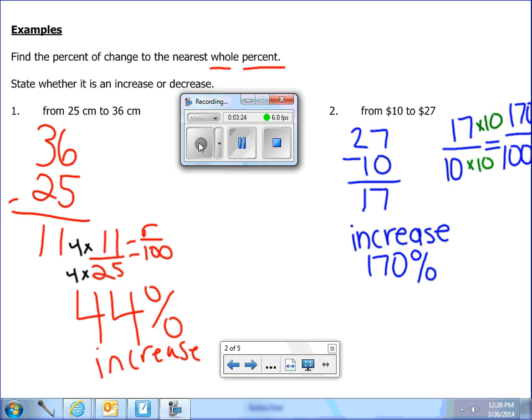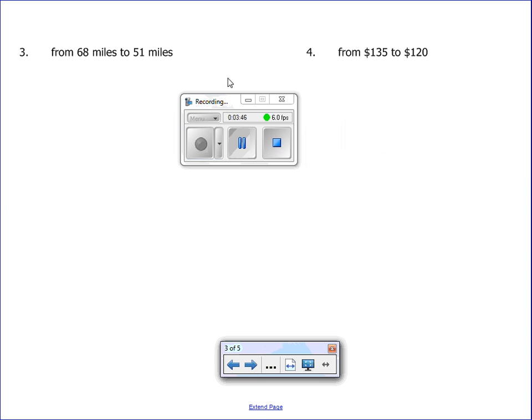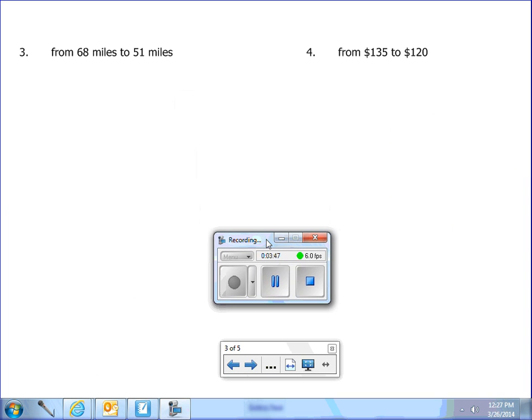You'll notice on each of these examples that we subtracted the two amounts. The difference is our numerator. The denominator is the original amount. And we determined we could use equivalent ratios to solve them, and also determined if it was an increase or decrease. Then we have two more. Again, I'll pause the video and come back and check your work.